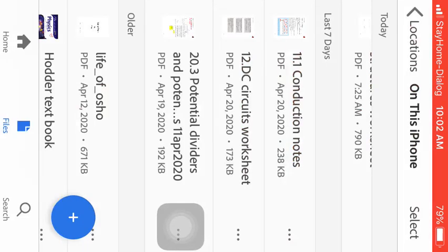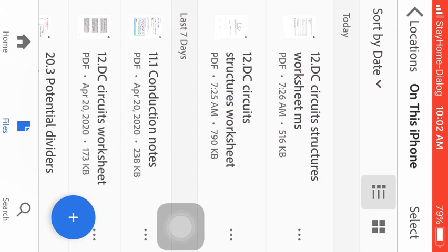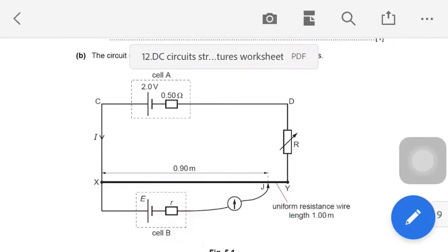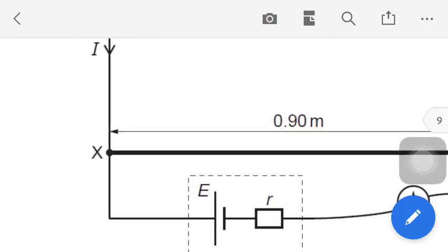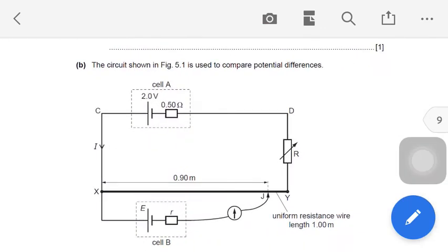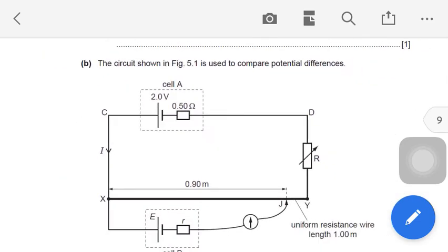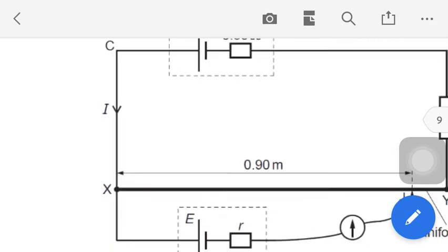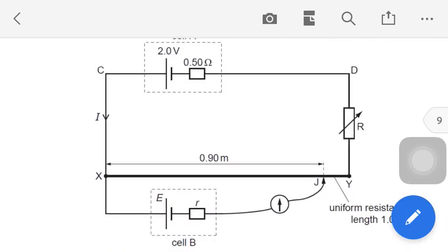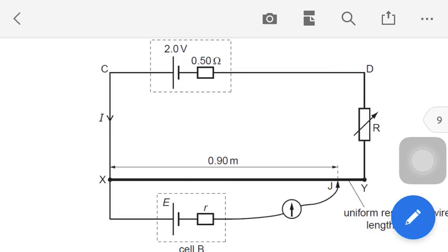So if you look in this question, you know that the EMF is 2 volts, but you have no idea how much of that is falling across the region XY. First, some of it falls across the 0.5. Then some of that should fall across the variable resistor. Only the remaining is available for the wire.